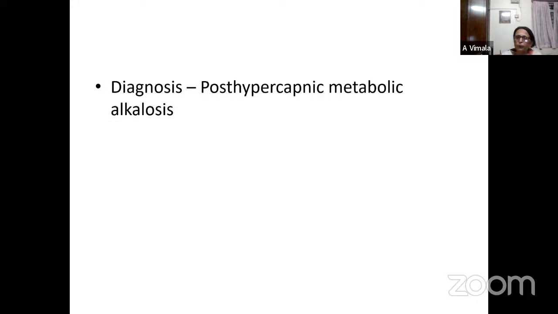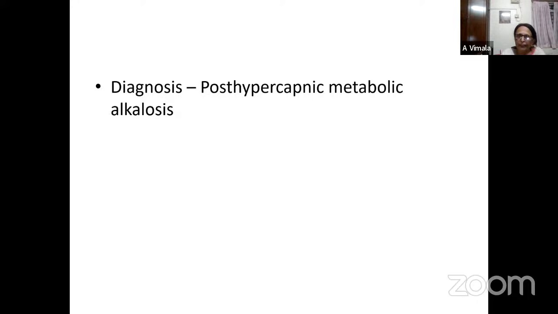So it continues to reabsorb bicarbonate for some more time. For a given PCO2, the kidneys were trying to reabsorb bicarbonate, and that continues to happen for 40 to 72 hours. But suddenly, because we have ventilatory support, you are bringing down the PCO2, but the bicarbonate reabsorption continues. This is the mechanism of a post-hypercapnic metabolic alkalosis.